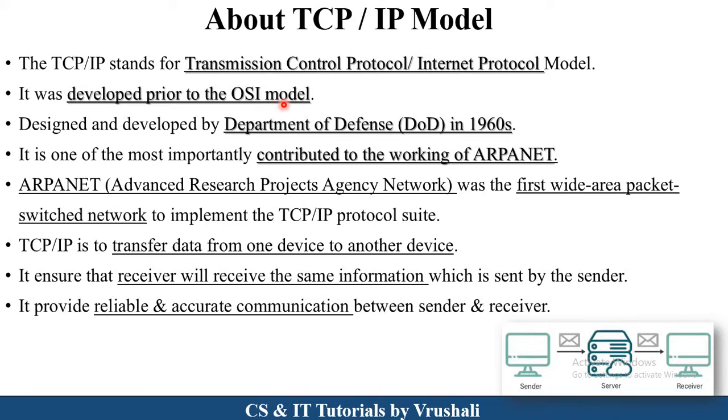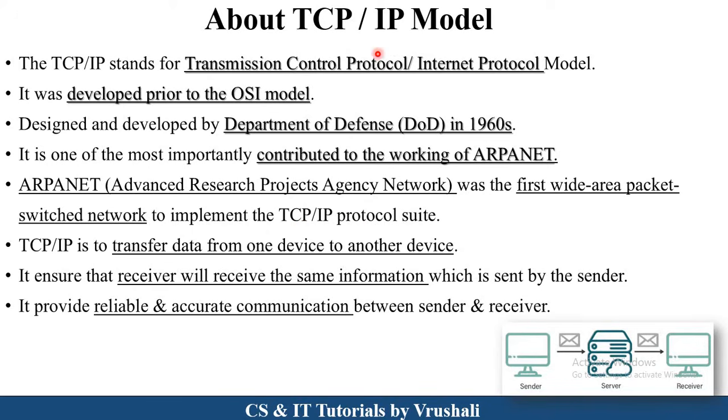Nowadays, the OSI model is used everywhere. The TCP/IP model majorly contributed to the working of ARPANET in 1975. Now what is ARPANET? ARPANET stands for Advanced Research Project Agency Network. Basically, ARPANET is the first wide area network where the TCP/IP protocol and model were used.